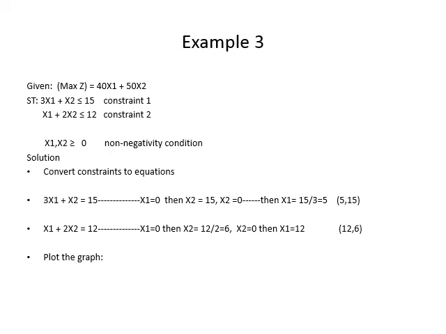Assume that x1 equal 0, then x2 equal 15. If x2 equal 0, then x1 equal 15 over 3 equal 5. The coordinates are x1 equal 5 and x2 equal 15.